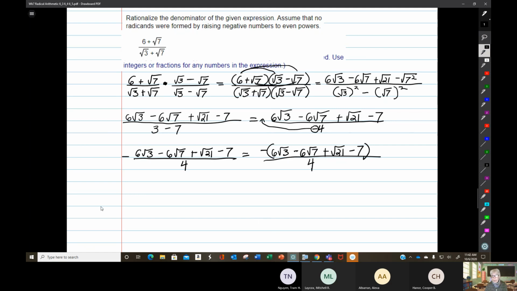Okay, now remember learning that when you've got a negative in front of parentheses, it acts like a negative 1, and you multiply every term on the inside.